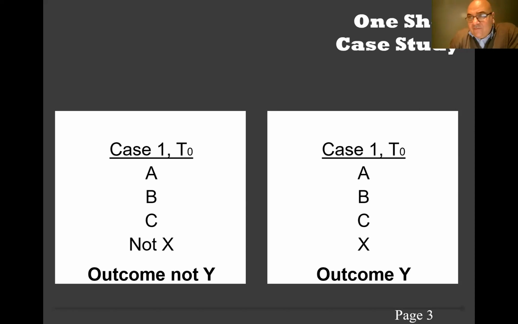It may be a comparative. It is not a case study. No, it's a comparative study. You are using one unit, but you are comparing this unit over time. That's the problem of one-shot case study.